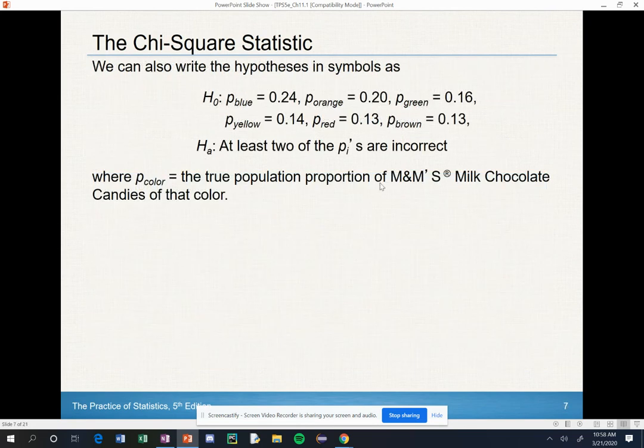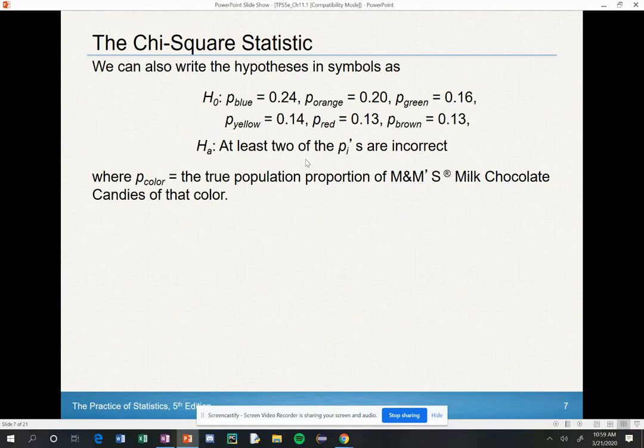So take a look at this right here. This is an alternative way where you state each of the 6 probabilities of what it's supposed to be. And then the alternative is worded in a little weird way here. It says at least 2 of them are incorrect. Well, if one of them is incorrect, that implies that at least 2 are going to be.